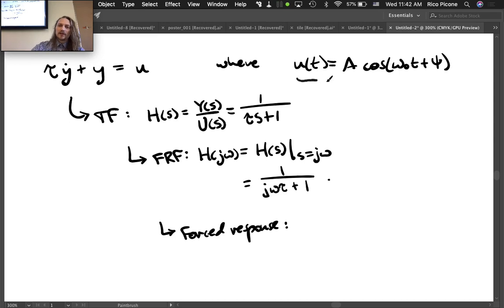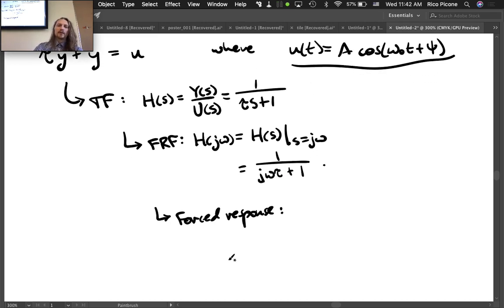Since you have a sinusoidal input, the forced response y of t is just equal to the input amplitude A times the magnitude of the frequency response function evaluated at omega equals omega naught. Now, we didn't compute what the magnitude is, but you could.